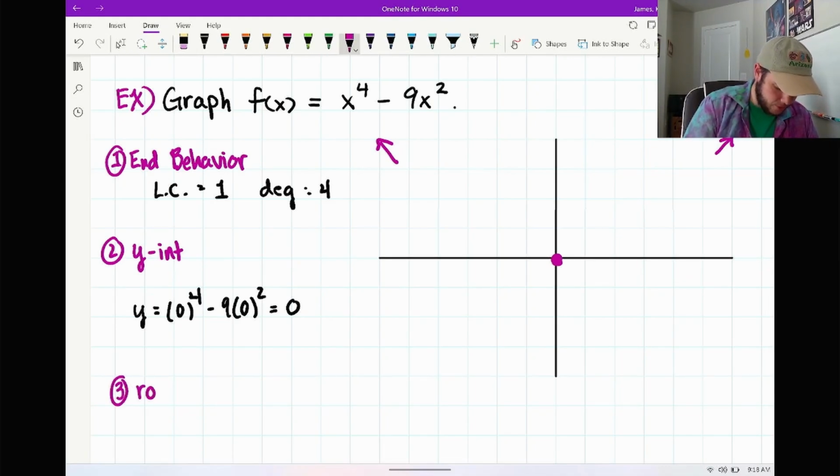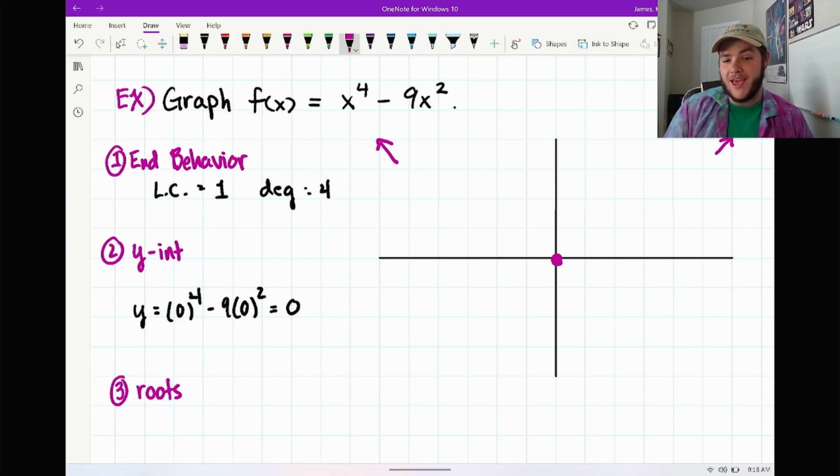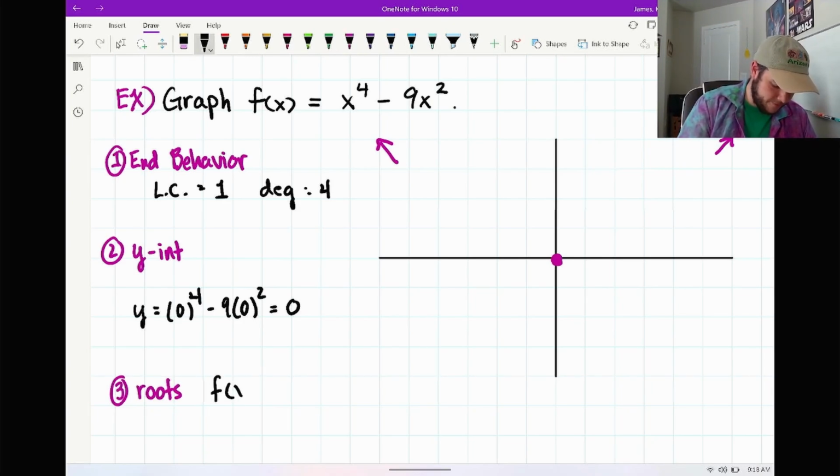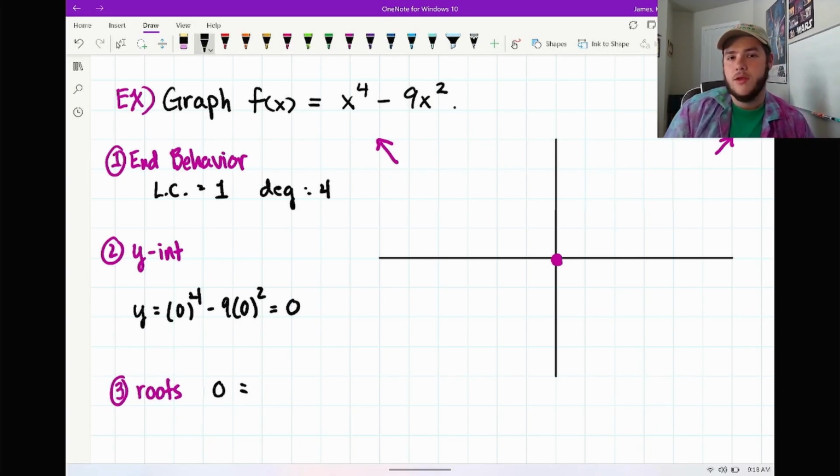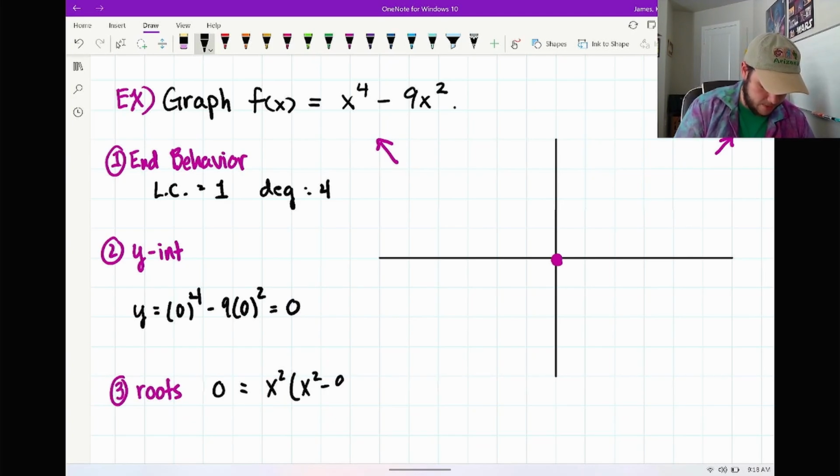I need to find the roots. Remember, these are the zeros or the x-intercepts. So I need to fully factor this guy and set it equal to 0. Notice both terms have a common factor of x squared, so I can pull that out, and I'm left with x squared minus 9.